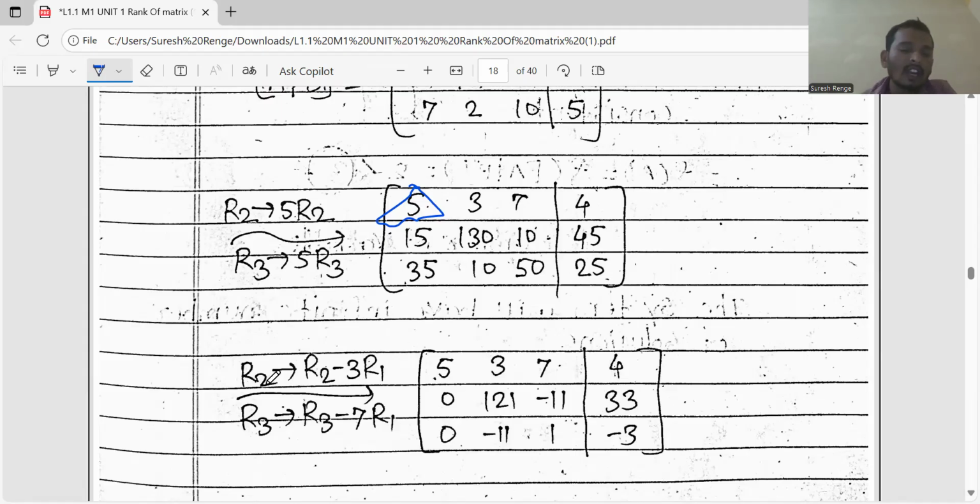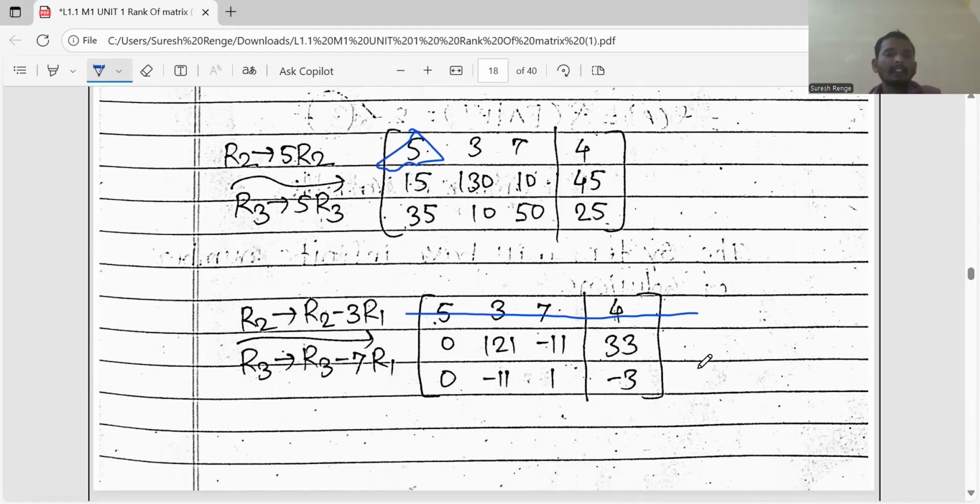The operations are R2 becomes R2 minus 3 times R1, and R3 becomes R3 minus 7 times R1. There is no change in R1, so we write R1 as it is.